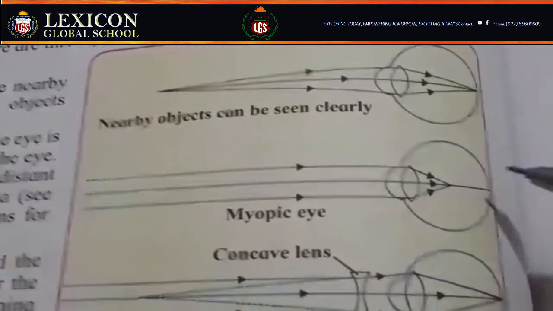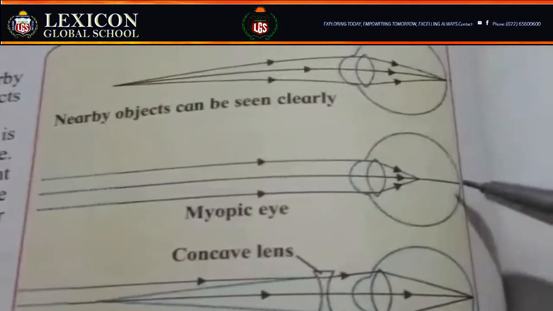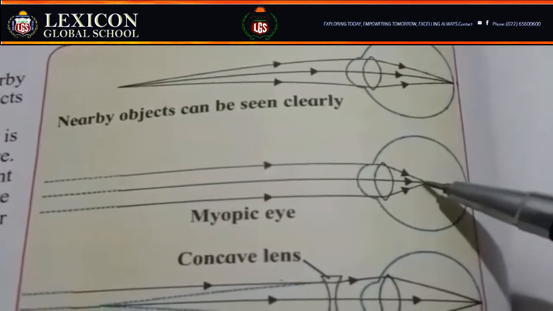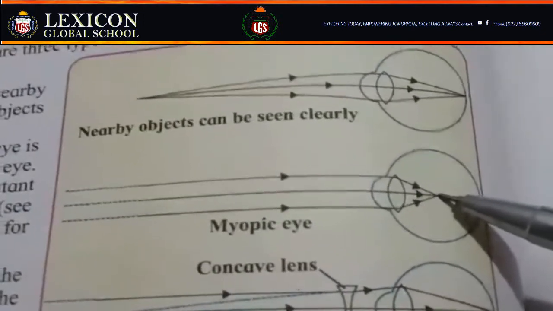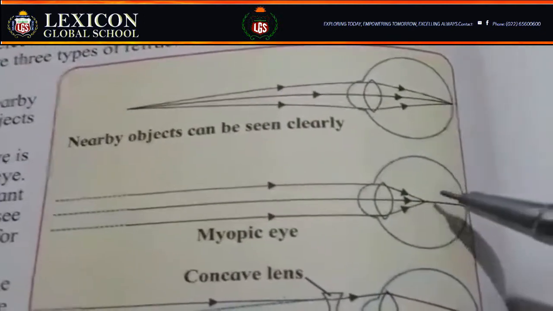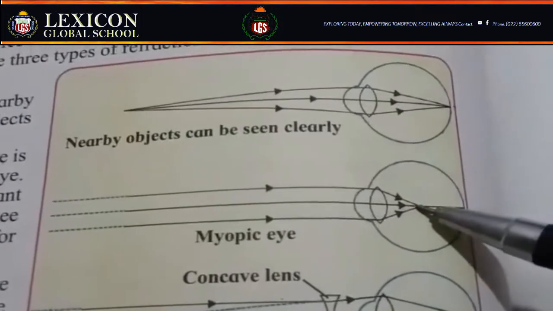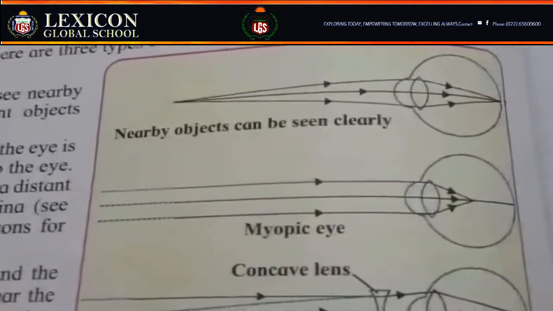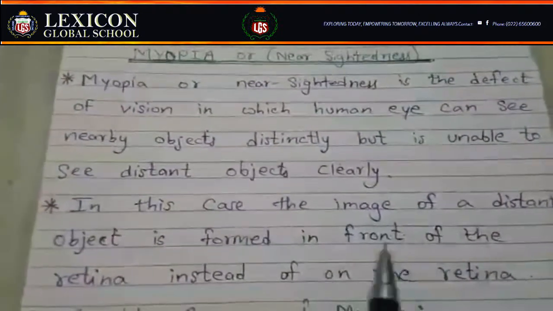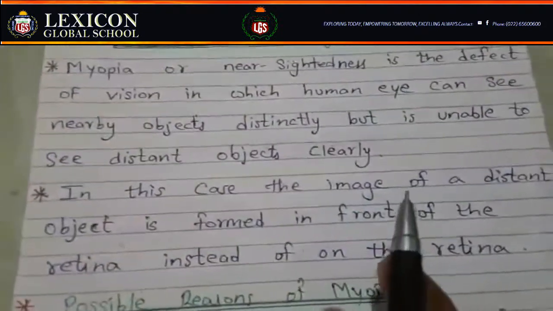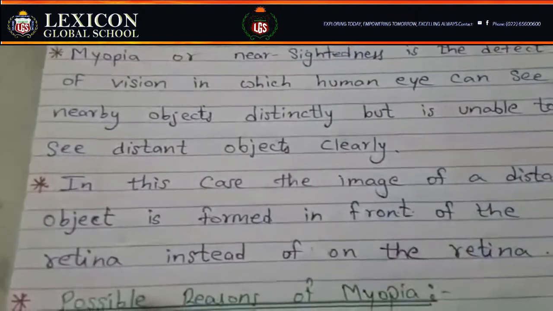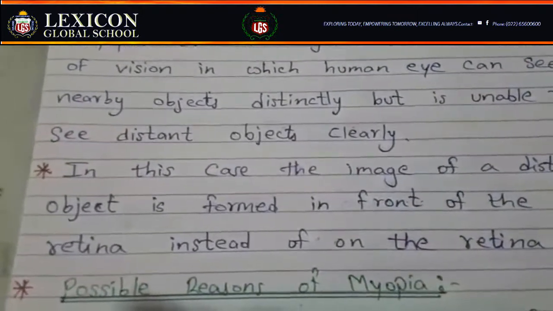Instead of falling on the retina, the image is formed in front of the retina. Therefore our eye is able to see nearby objects clearly but unable to see distant objects clearly.